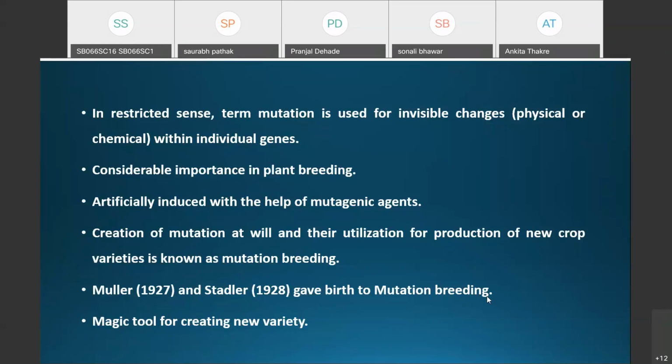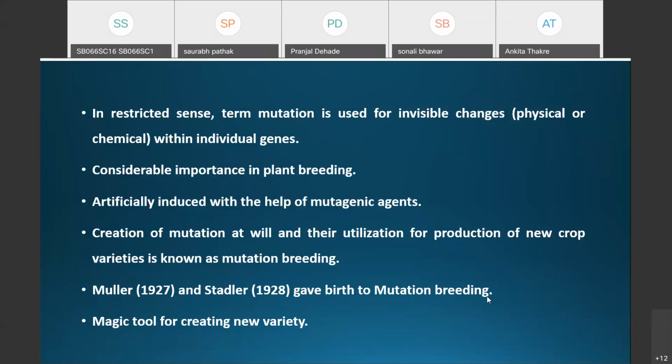But in mutation breeding, the variety is produced with entirely new and original characters. That's why mutation breeding is completely different from the other conventional breeding techniques.